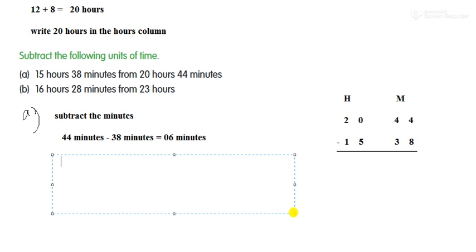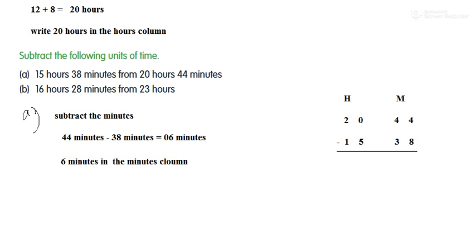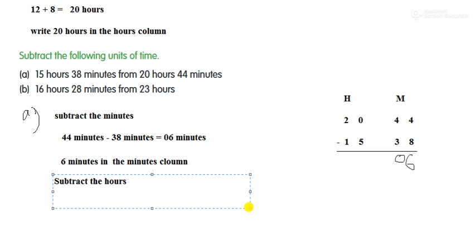Write 6 minutes in the minutes column. Now subtract the hours. 20 hours minus 15 hours equals 5 hours.